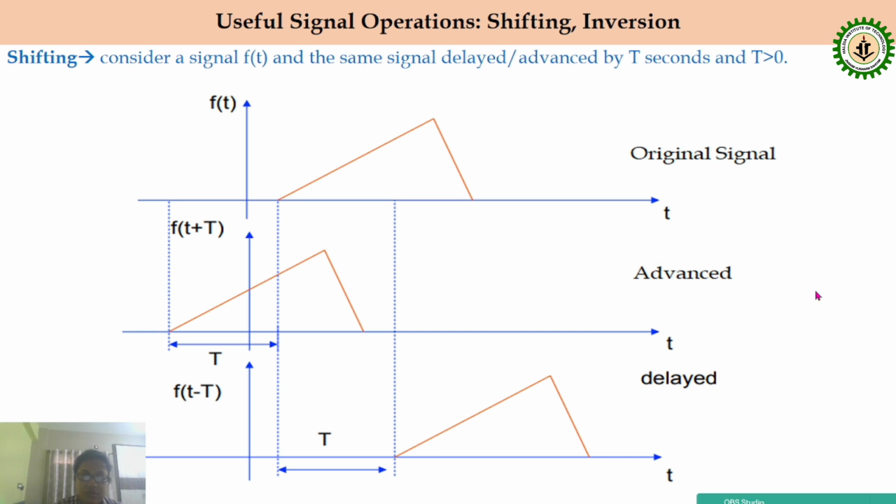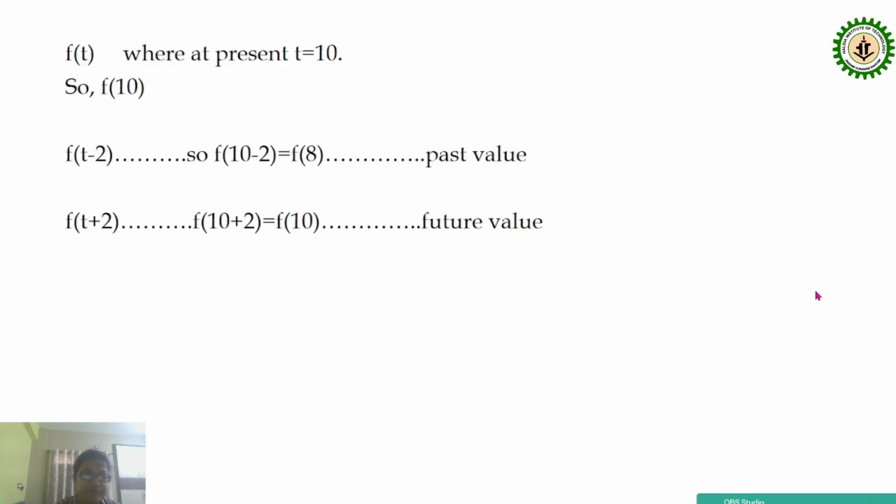Now the next one is this one. In the last lecture I also discussed this: if I consider the present value, say t equals 10, then why are we writing f of t minus T and t plus T?